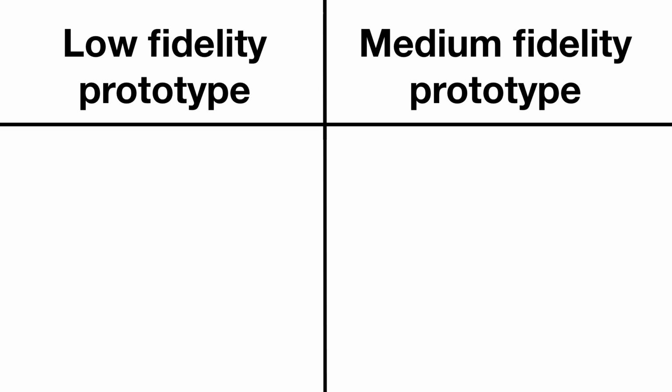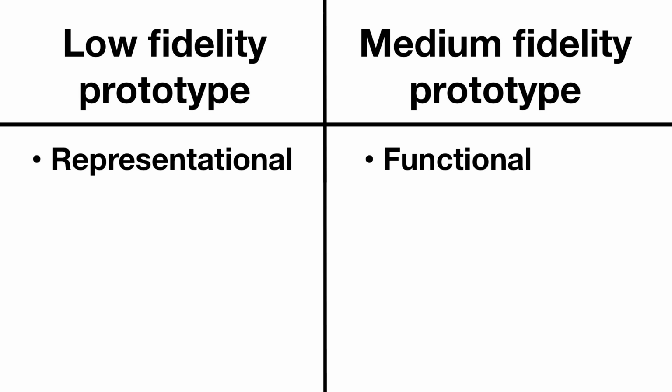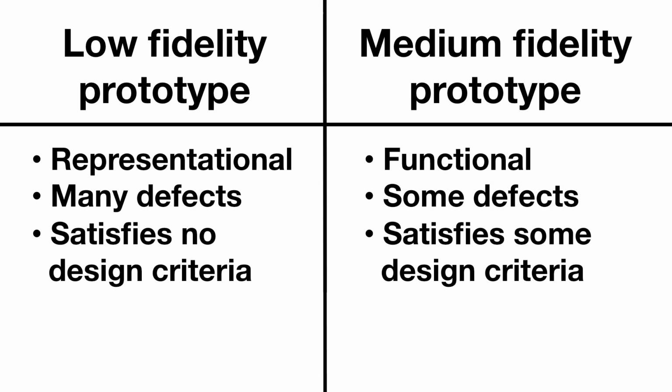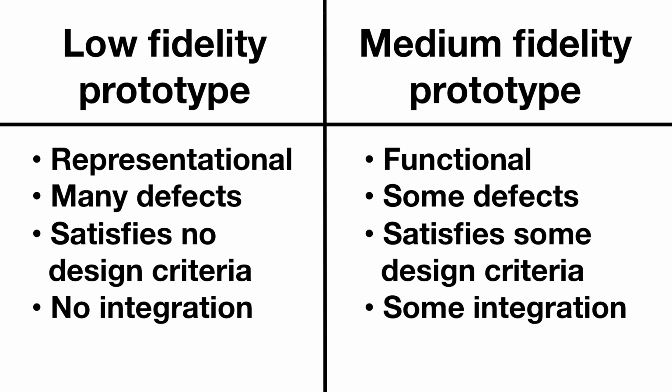A medium fidelity prototype will have more components that are functional in nature instead of representational. A medium fidelity prototype might have less gaps, overlaps, or jagged edges. A medium fidelity prototype also will have satisfied at least a couple of the design criteria. Finally, a medium fidelity prototype will have some successful integration of components.